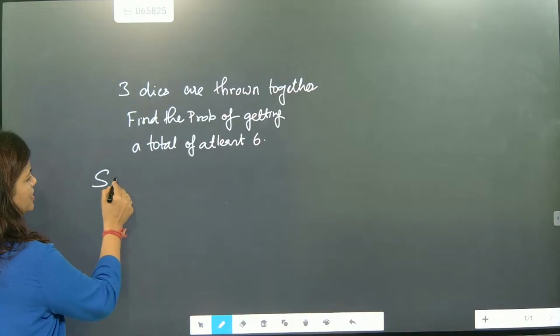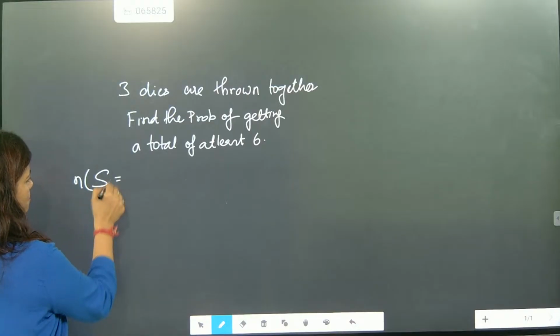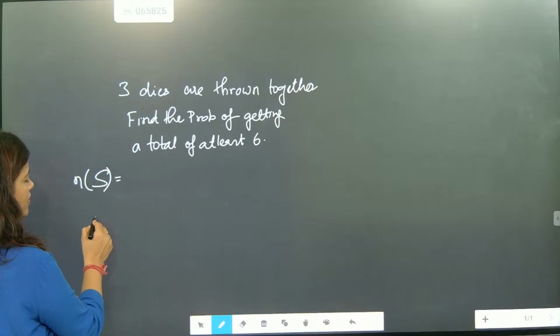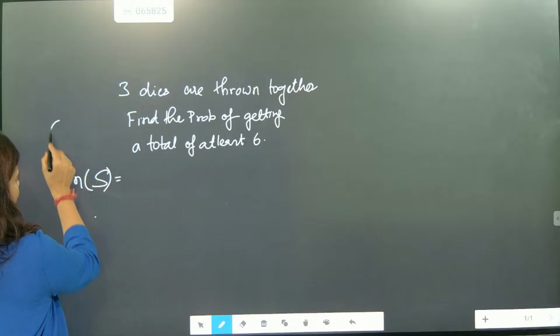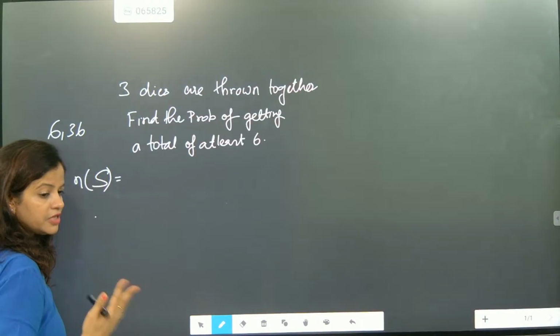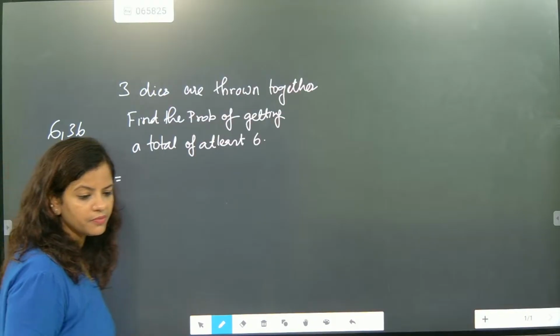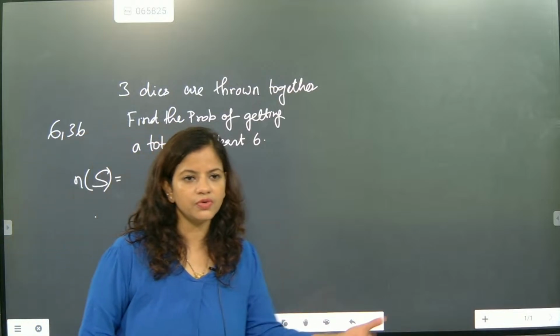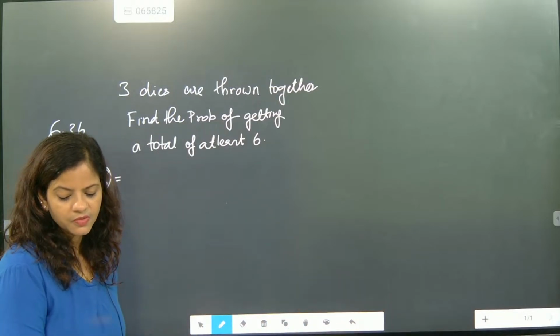Because the sample space: if one die is there, the sample space is 6. Two dice, the sample space is 36. Three dice means how many in the sample space? Deshika, if three dice are thrown together, rolled together, how many total sample space will come?